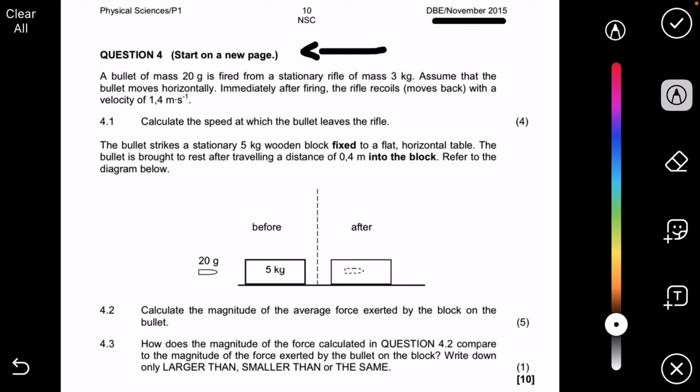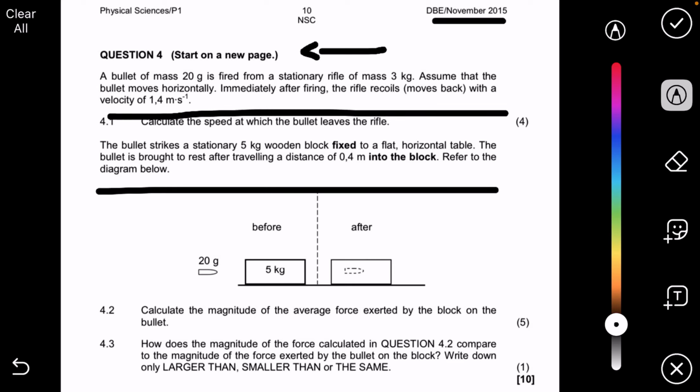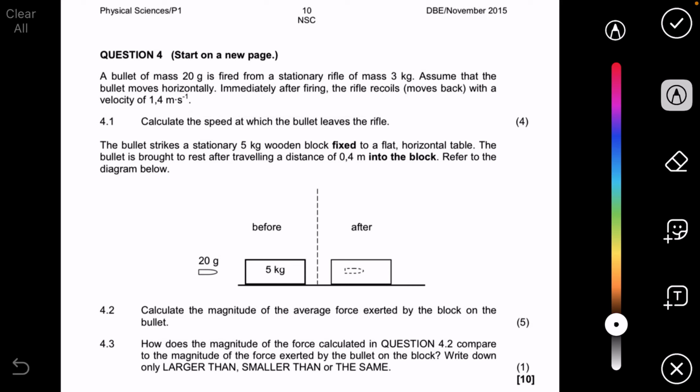So ladies and gentlemen, there should be a lesson where I solve this type of question step by step. But for now it's just to read through the given statements and also guide you in terms of which keywords to understand or take into account when approaching this type of questions. Okay, so ladies and gentlemen, without any waste of time, let's now start with the question.